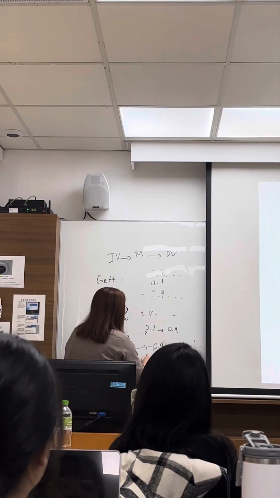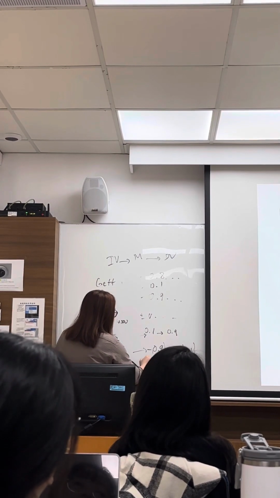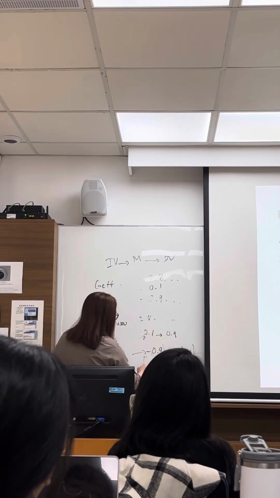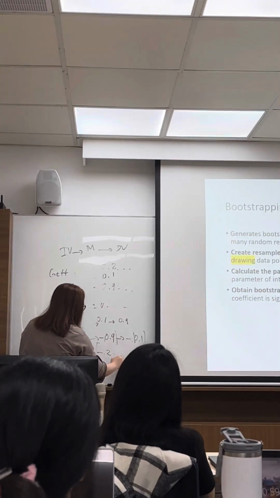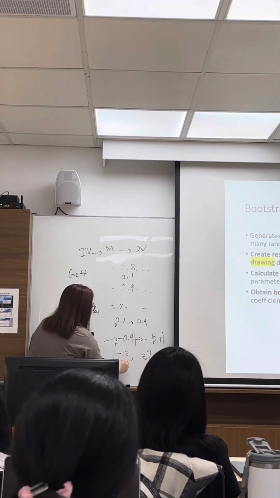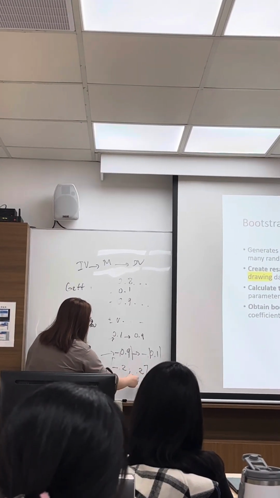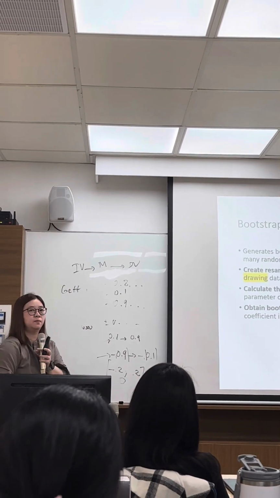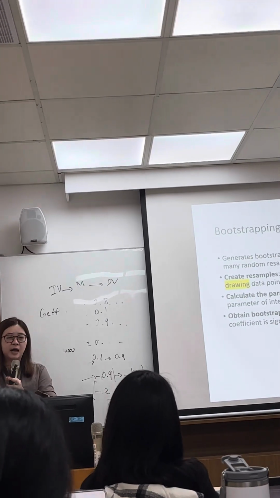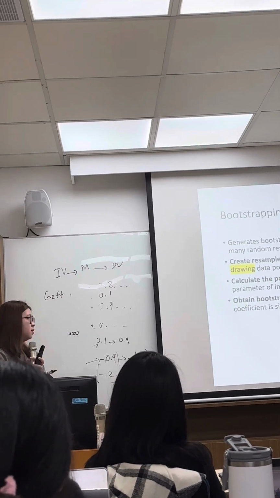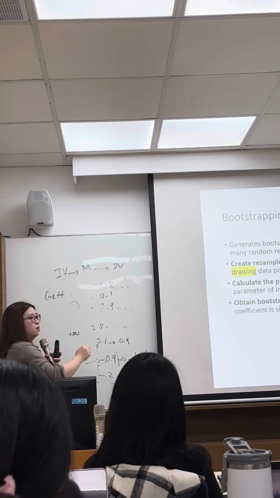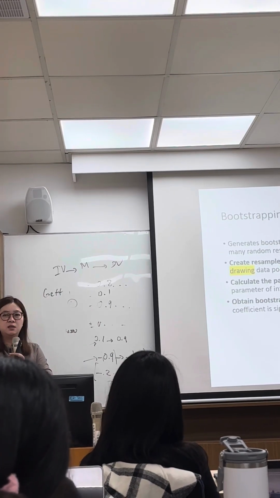So if the range you see is something like negative 0.2 to positive 0.2, that means in 10,000 runs, sometimes it happens to be 0. In 10,000 times you rerun the bootstrapping, there is the possibility that the strength, the effect, equals 0. Meaning that there's no effect at all.